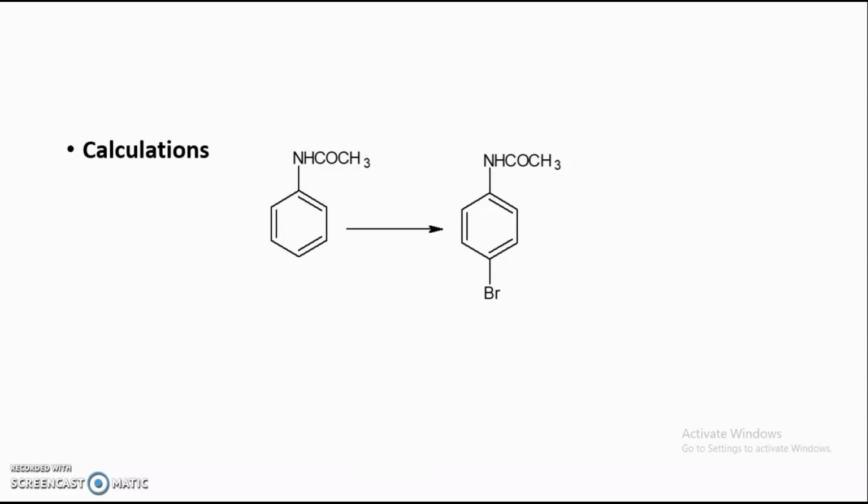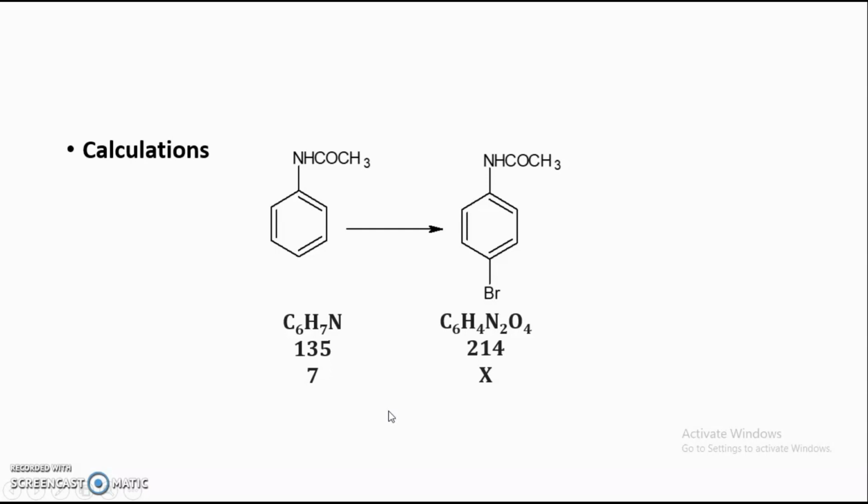Now in calculation, this is our actual reaction, where we have synthesized para-bromoacetanilide from acetanilide. In this case we are going to determine the molecular weight of this compound. Suppose the molecular weight of acetanilide is 135. Then the molecular weight of para-bromoacetanilide is 214.